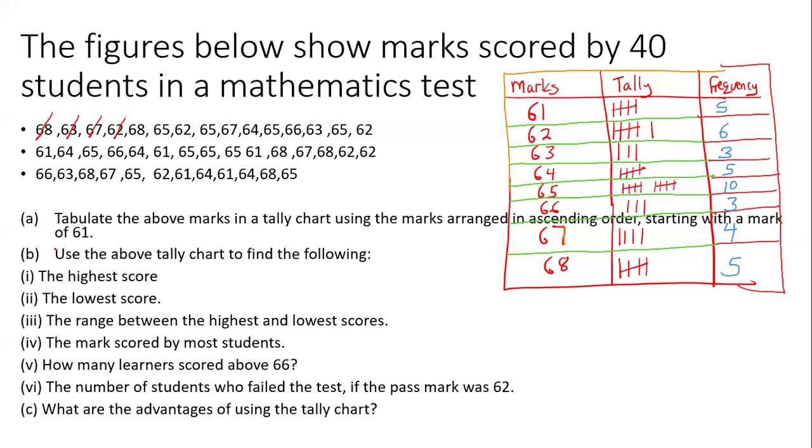Now, when you look at our first question, they told us to use the above tally chart to find the following: the highest score. So according to the chart, what is our highest score? Emil? 65. So here we shall put that our highest mark is 65.